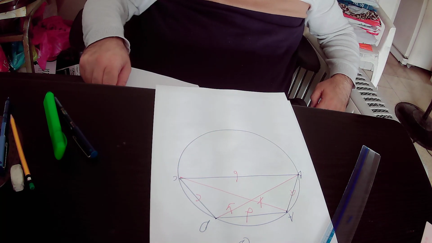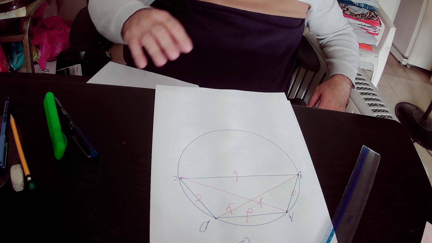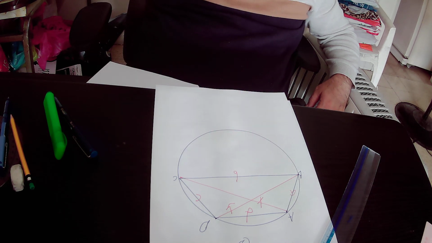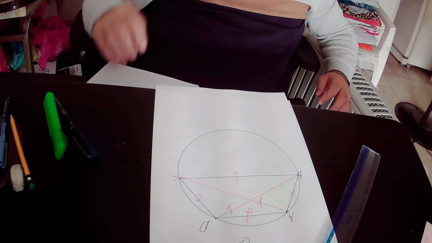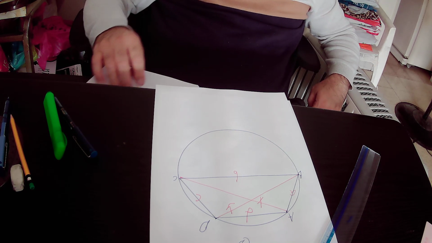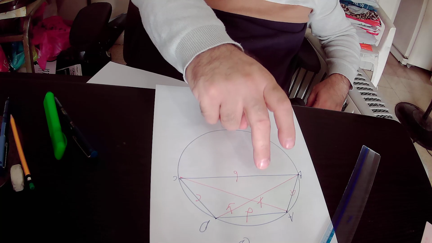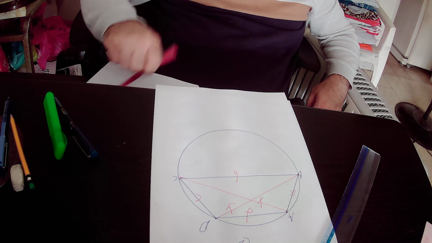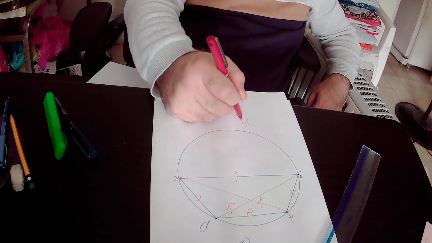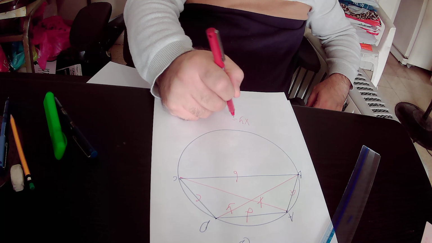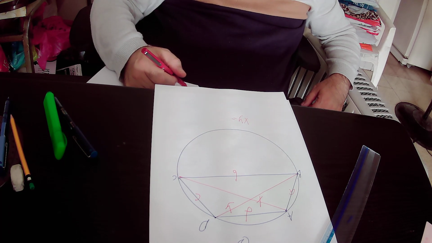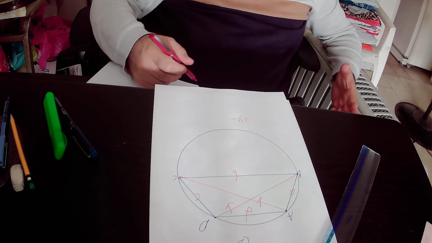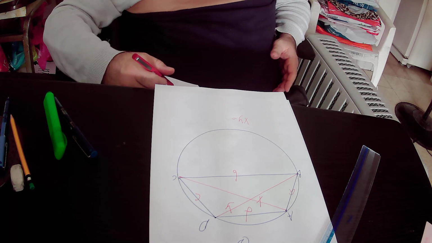So if we have quadrilateral ABCD that is inscribed by a circle, then according to rule number 3, the product of its diagonals, that is to say X times Y, equals the sum of the products of its opposite sides. Quadrilateral ABCD has two pairs of opposite sides.